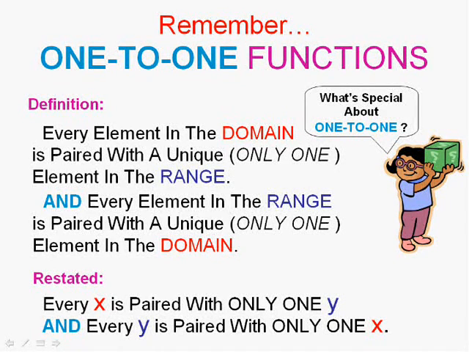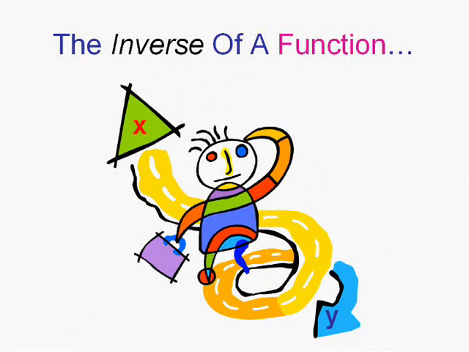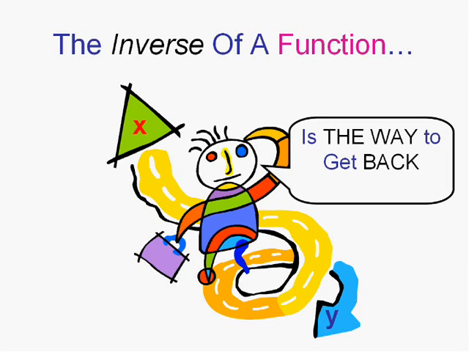Now, while a function is basically a path to get from x to y, the inverse of a function is the way to get back, from y back to x.